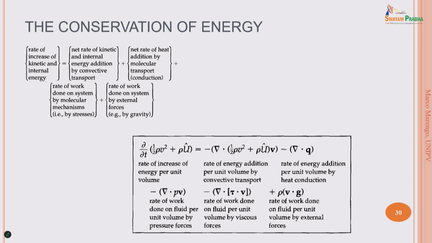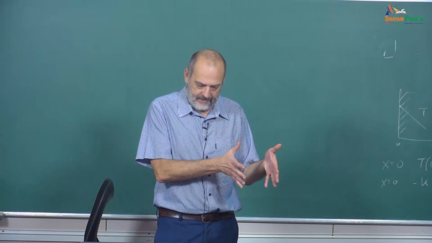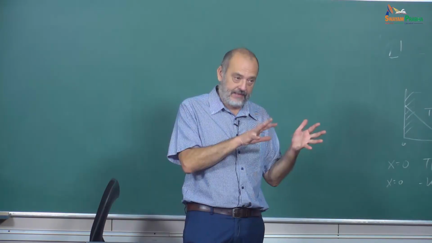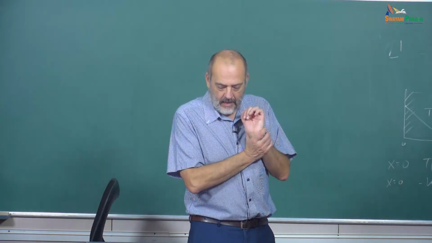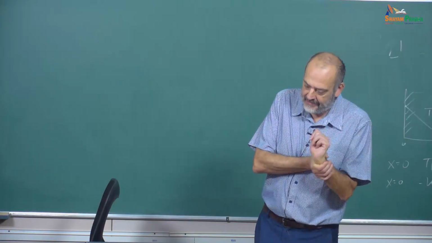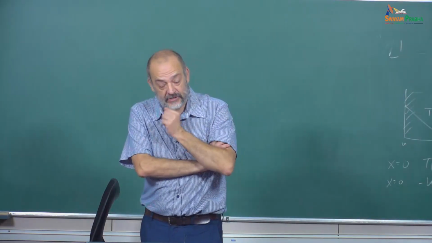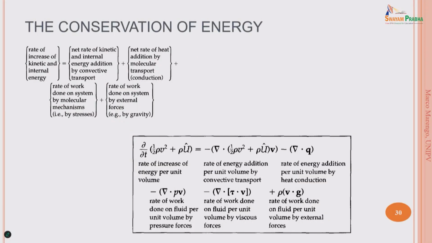Finally, we have the conservation of energy. Again, the same idea. Now the things are becoming interesting because they are linked more to the Q and W, as we saw yesterday. Again, we can express the conservation of energy in words, saying that the rate of increase of kinetic and internal energy, see that we have now kinetic and internal energy, is equal to the net rate of kinetic and internal energy addition by convective transport, the net rate of heat addition by molecular transport, conduction.